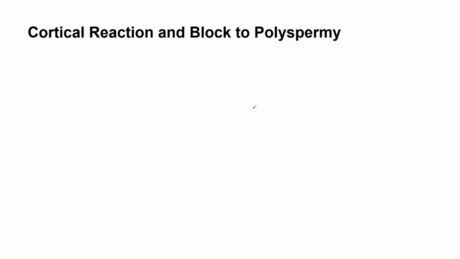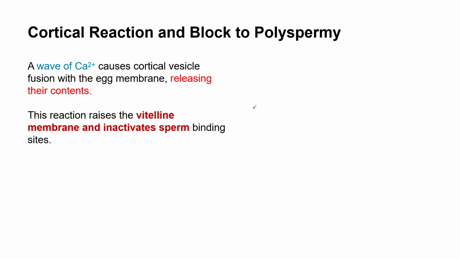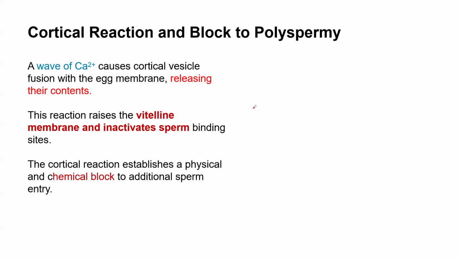So then the next thing is cortical reaction and block to polyspermy. So a wave of calcium causes cortical vesicle fusion with the egg membrane, releasing their contents. So this reaction raises a vitelline membrane and inactivates sperm binders. So the cortical reaction establishes the physical and chemical block for additional sperm entry.